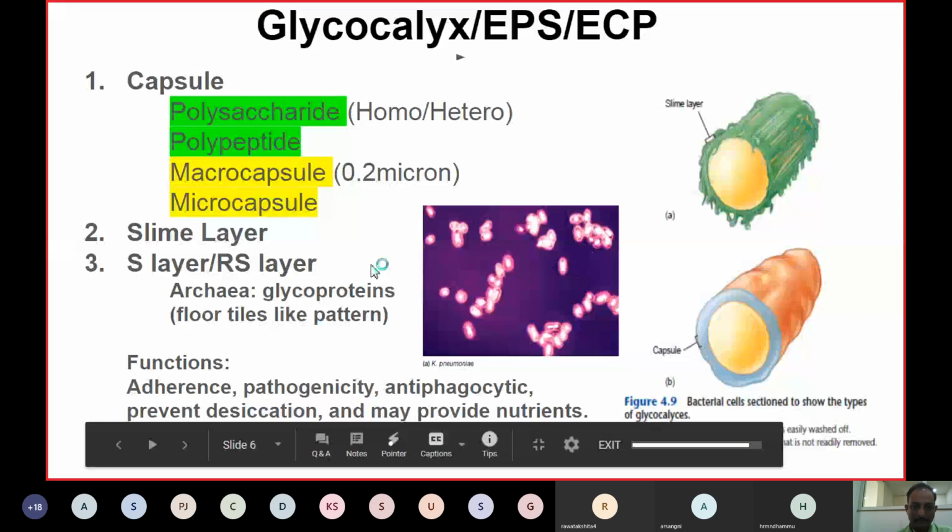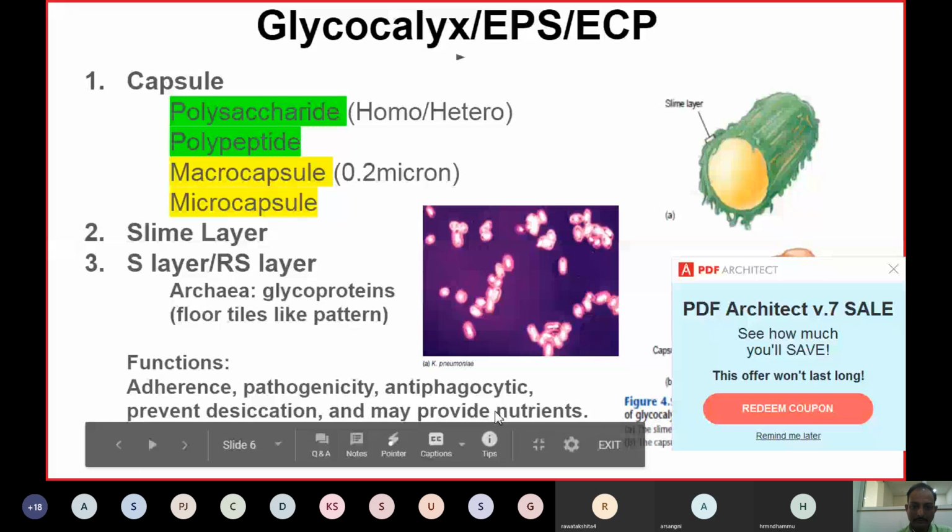So this is an ultrastructure of Klebsiella pneumoniae. You can see this structure, right?